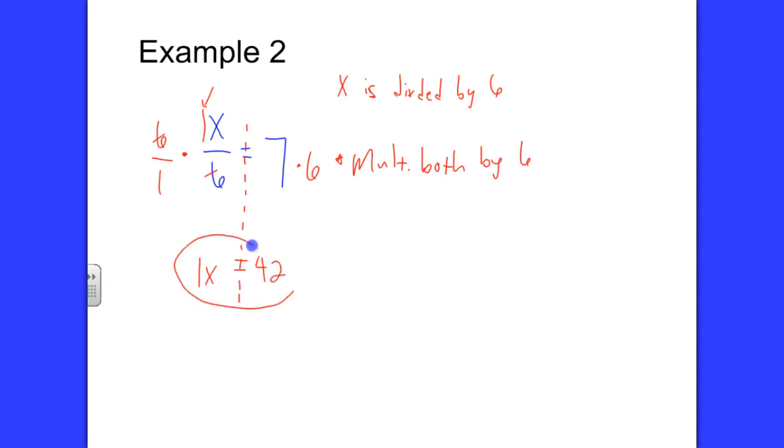A smart thing to do is to check it. Take 42 and place it in there for x. 42 divided by 6 is 7, and again I'm happy. So you just do the opposite: whatever's happening to x, you do the opposite, and it'll always end up giving you 1x.